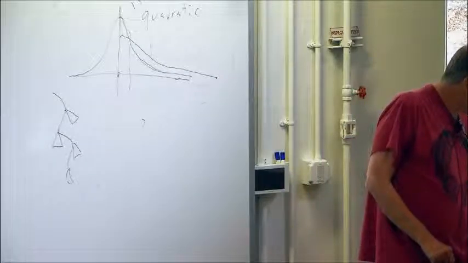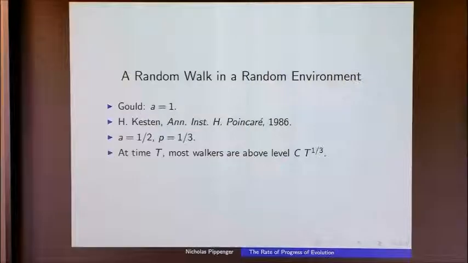But, okay, so the conclusion that Keston came to is that at time t, most walkers are above the level cube root of t. So you're even slower than in Gould's case. I'll point out later that this is a completely different phenomenon. The phenomenon here is what I call trapping.